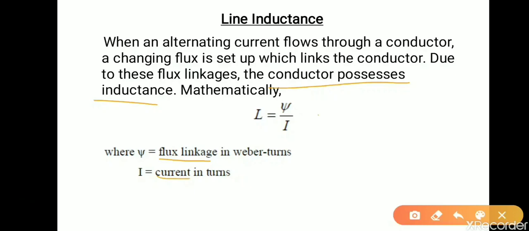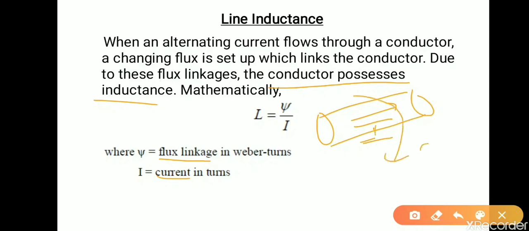Suppose we have a conductor, and it is carrying an alternating current I. Due to this current, a magnetic field will be produced around the conductor, and hence a magnetic flux will be produced, and this magnetic flux will link with the conductor, and hence it produces inductance.